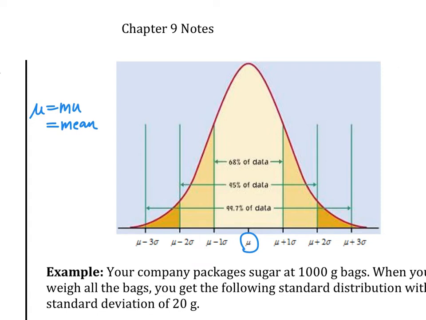And the next symbol you see is this one here. That is called sigma. Sigma means standard deviation. Standard deviation is a way of calculating how much the data deviates from the mean.